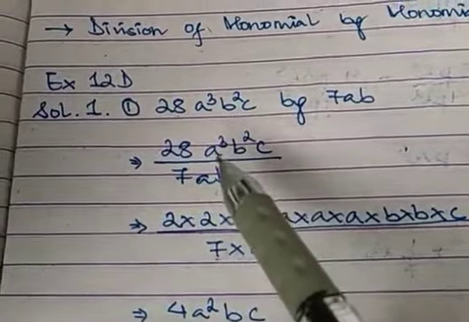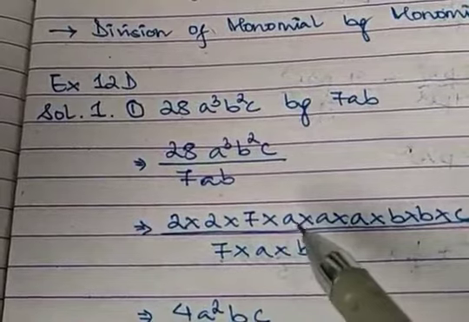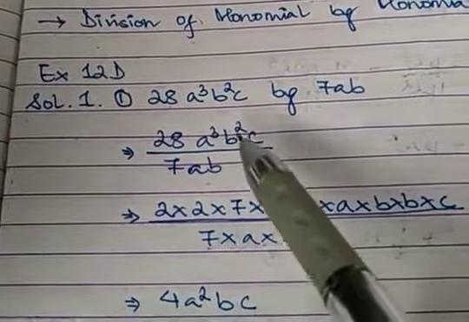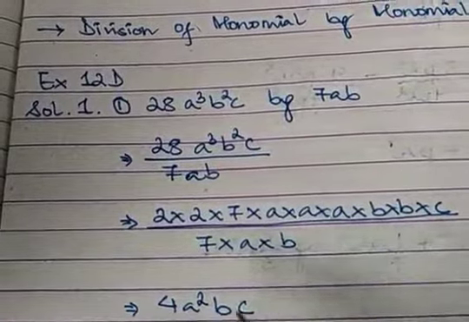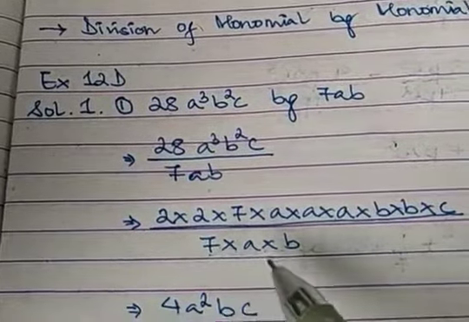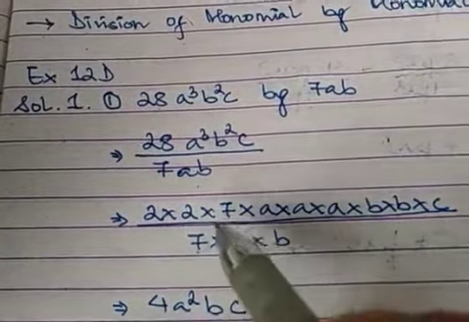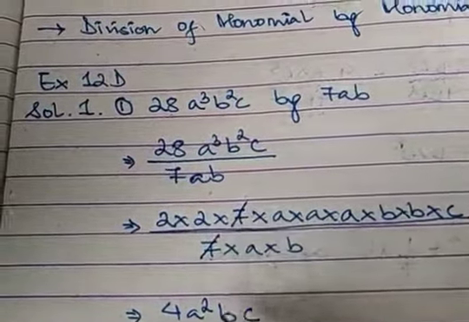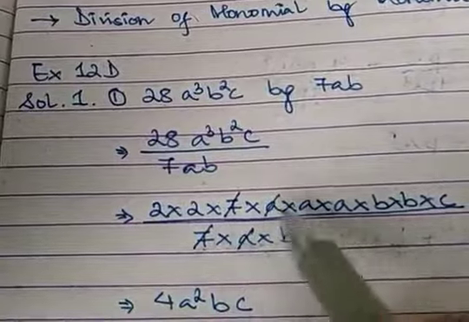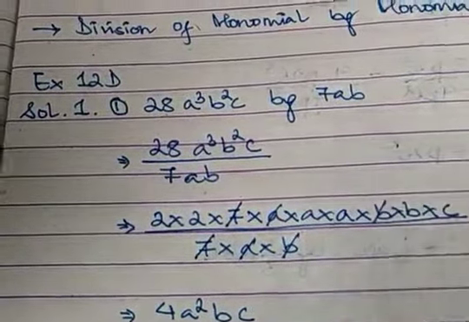For a cubed, I can write it as a into a into a. Similarly, for b squared, I can write it as b into b. c remains as it is. In the denominator we have 7ab, so 7 into a into b. Now you can cancel the terms from the numerator and the denominator. 7 and 7 got cancelled, a and a got cancelled, b and b got cancelled.